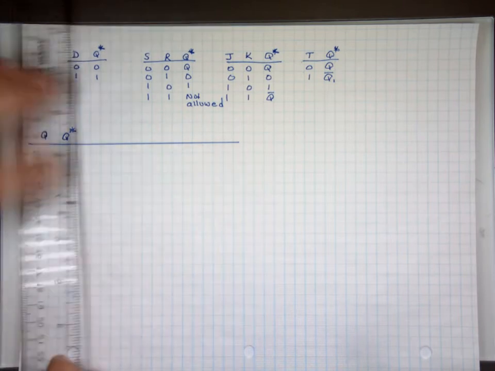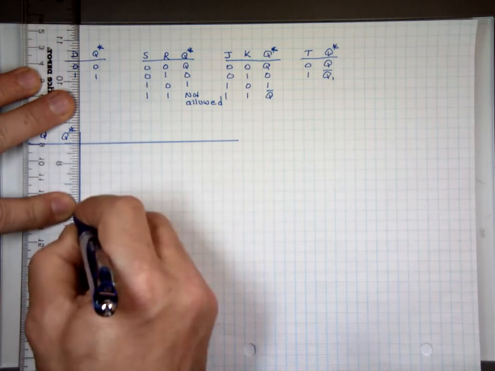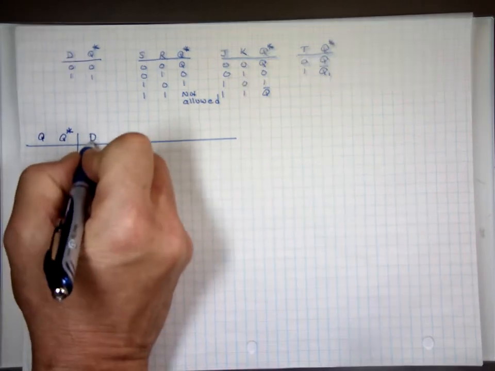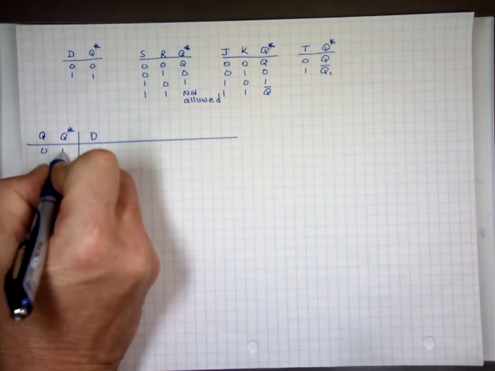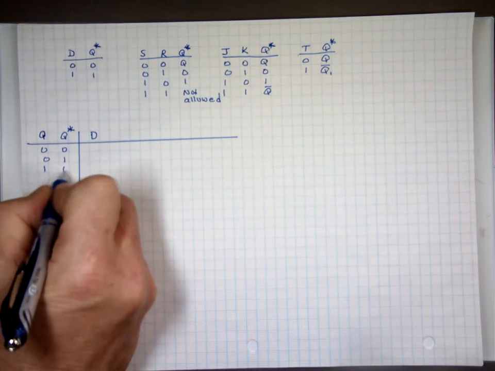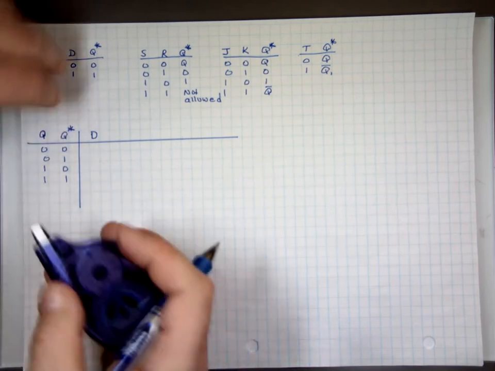Let's begin with the first flip-flop we'll look at. Maybe we'll do the D flip-flop. What should D be? So 0 to 0, 0 to 1, 1 to 0, and 1 to 1. These are the 4 scenarios.